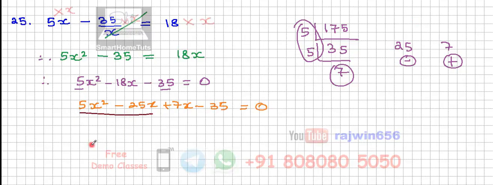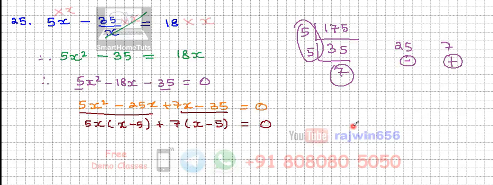From this part 5x is common, and inside the bracket we are going to have x minus 5, plus from these both 7 is common, and inside the bracket I'm going to get x minus 5, is equal to 0.